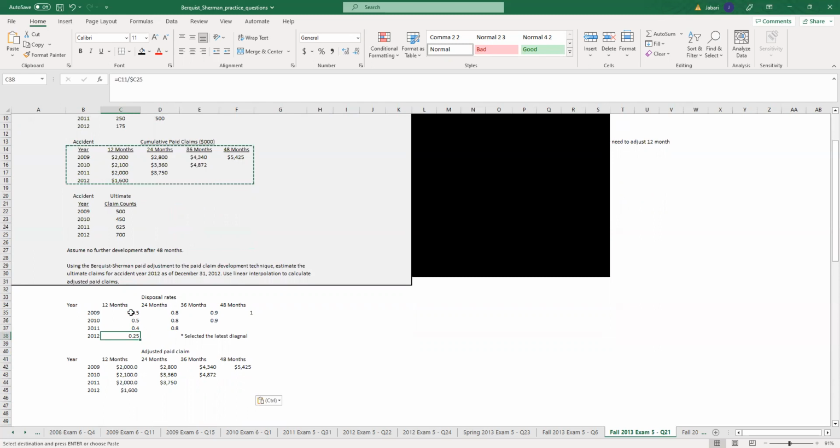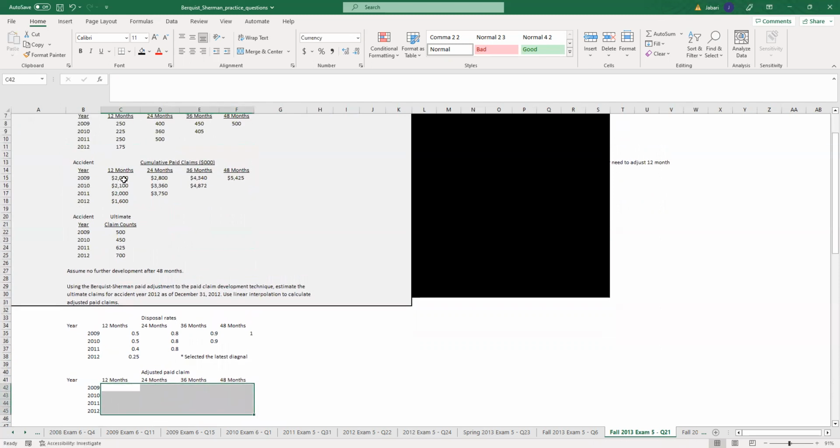Because this is higher, this value for the first paid is going to decrease. So this 2000 needs to come down because its disposal rate is too high. Too much was disposed of at one time. And notice that it does decrease, and this is a sign that we should be using the BS technique.